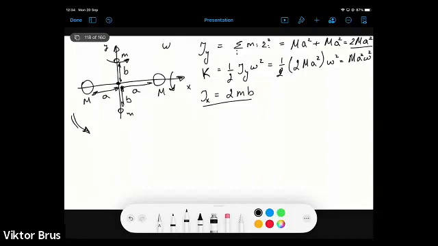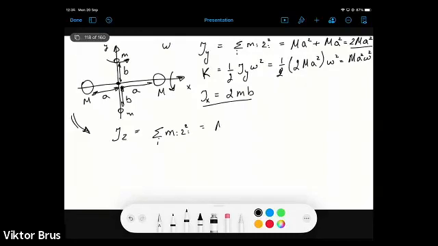So in this case, all bodies need to be taken into account since they have a certain distance to axis z, to the origin of this coordinate system x and y, and obviously they will define the moment of inertia. So Iz is equal to the sum for all masses times square distance.